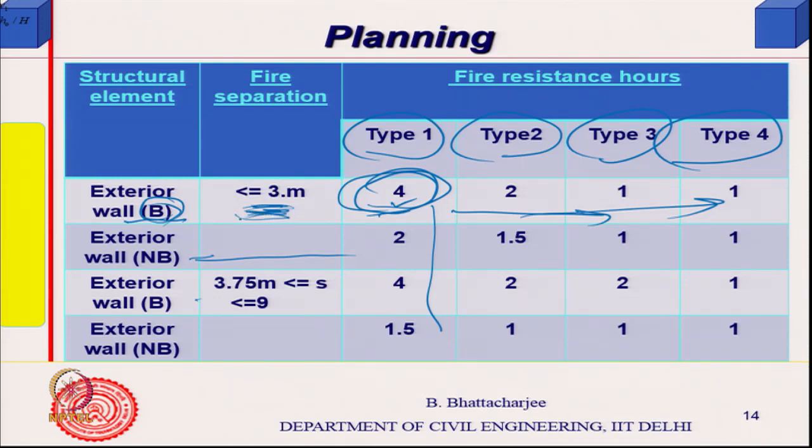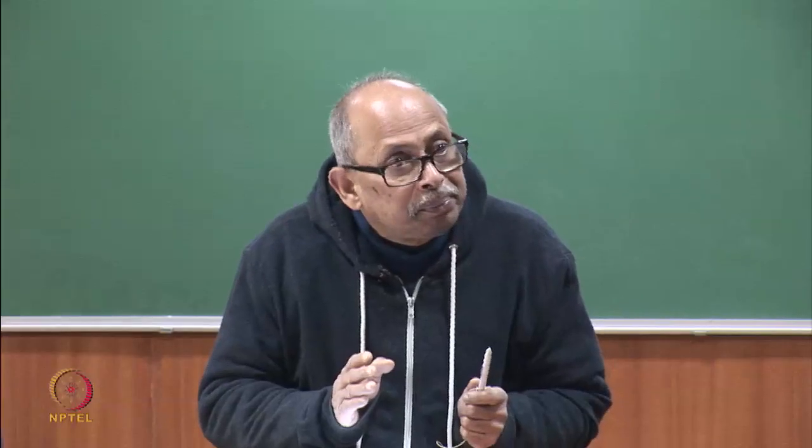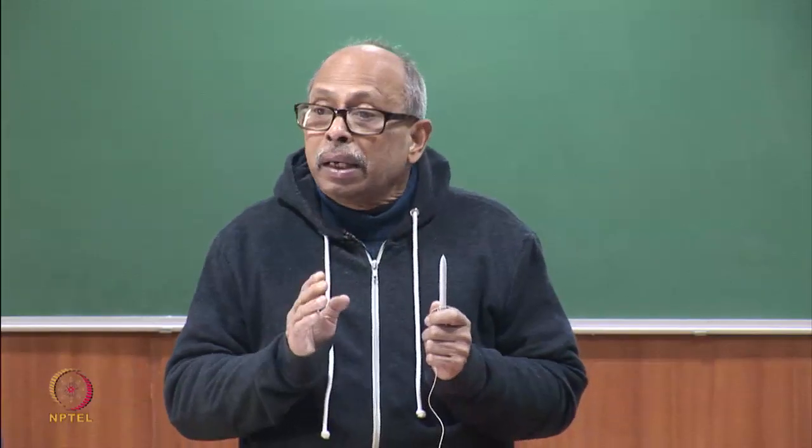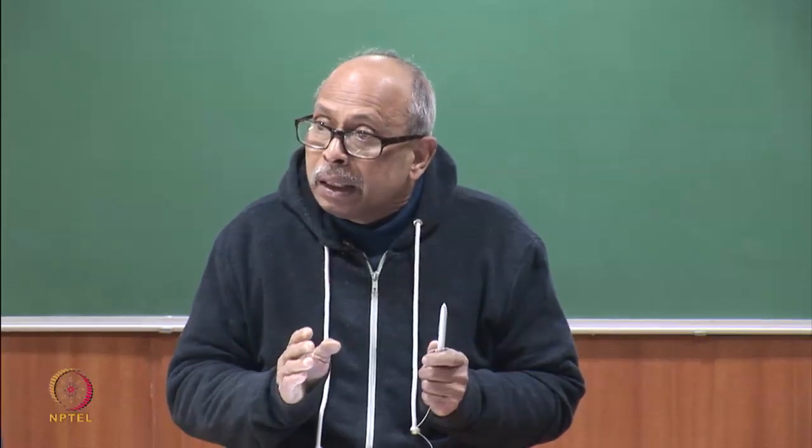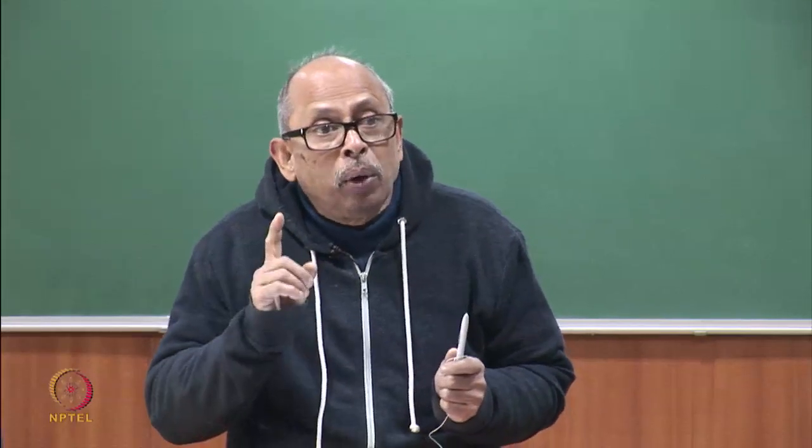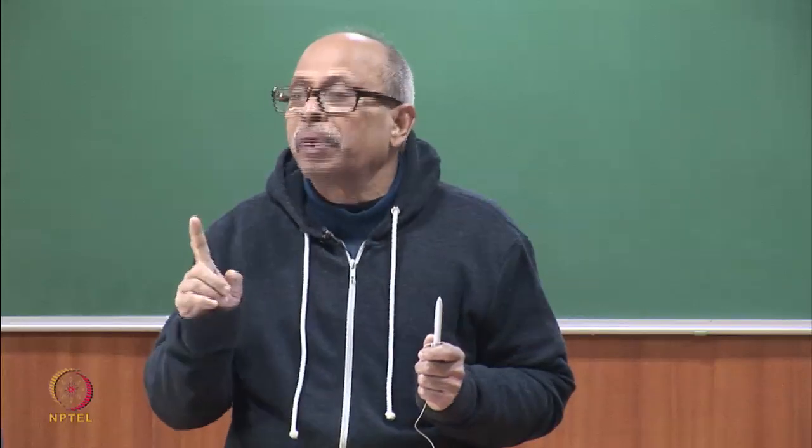If the fire separation is less, you need higher fire resistance. For example, if the fire separation is greater than 3.75, you can reduce down from 2 to 1.5. So, if the fire separation is less, the fire resistance required is high to qualify as type 1 construction.